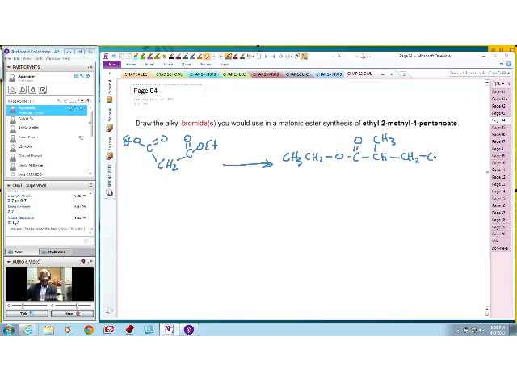In other words, you have a double bond in the 4 position. Okay, so that is carbon 1, 2, 3, 4, 5. So they want us to go from the malonic ester to this molecule here, ethyl 2-methyl-4-pentenoate.